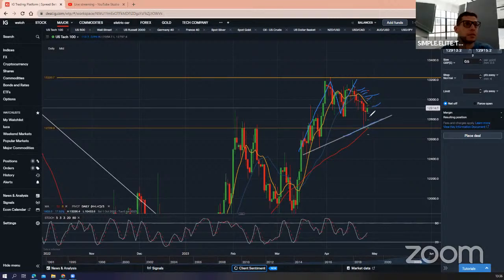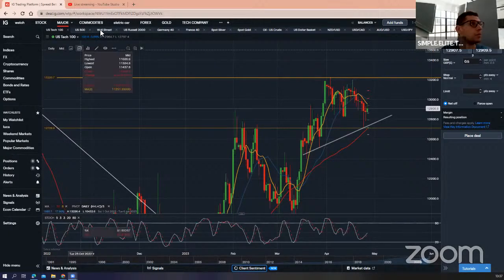We could probably see price reach this trend line again and see how price is going to react. If it bounces on this trend line, we could probably see another push higher and then get lower. So at the moment, it's not a clear picture. I'm going to wait maybe today or tomorrow. It's not a clear day to trade. So let's see how it develops over these 2 days, and maybe next week we're going to see a better picture. But let's dive into more indices.